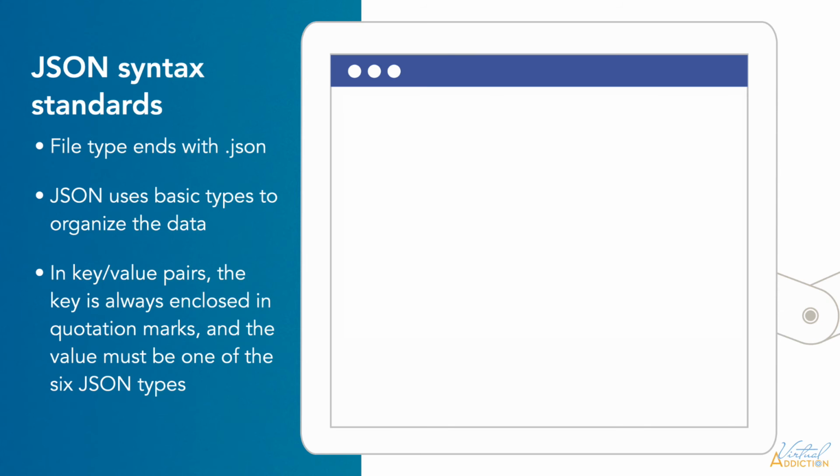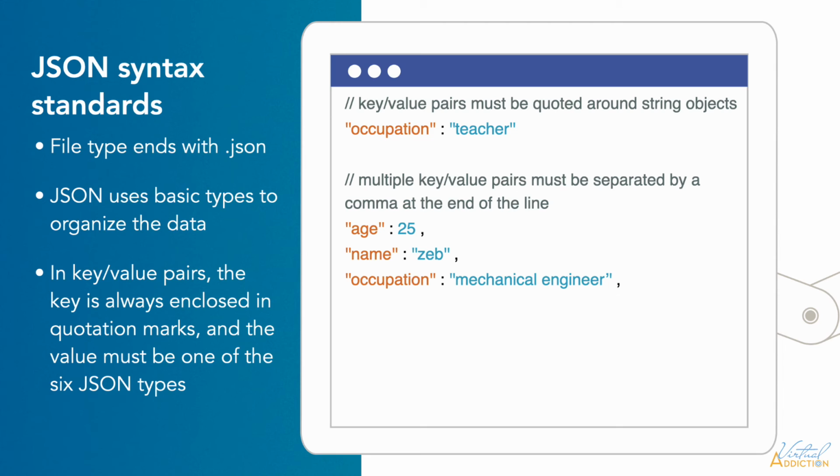Key value pairs must have double quotes around the string values. Here's an example of a key, occupation, with the value of teacher. When you have multiple key value pairs, you must separate them by a comma at the end of each line, such as what I'm showing you here.